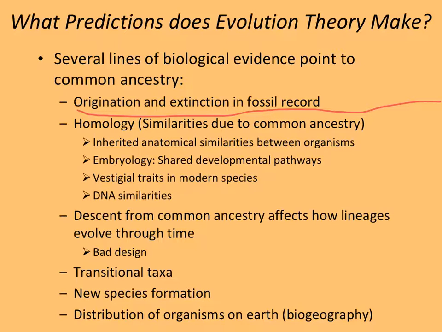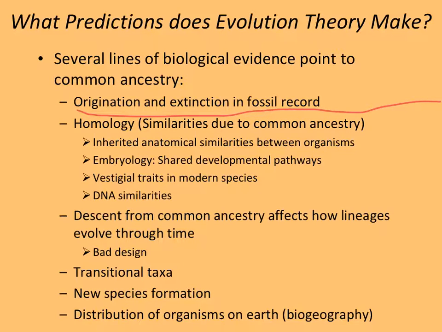If you actually look at the bones of a snake, you'll see there's a little area where there were actually the girdle of the pelvis and the remnants of legs, and then further up, remnants of arms. Okay? So those remnants are the vestigial traits. And then there's DNA similarities. The more recently 2 species share a common ancestor, the more alleles and genes they share because of descent and inheritance.